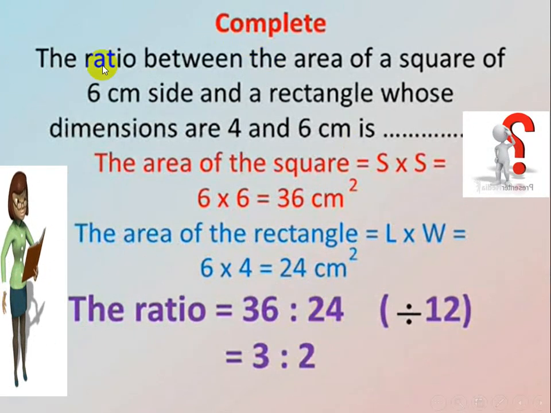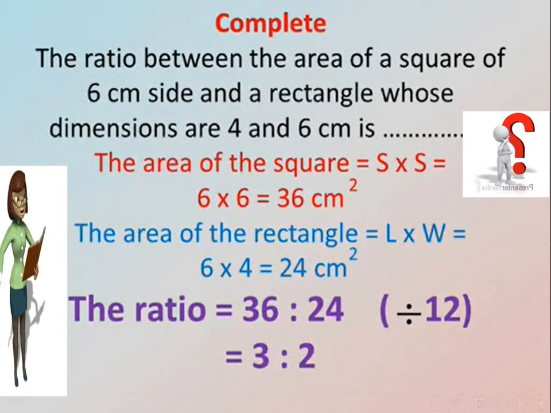Complete: the ratio between the area of a square of 6 cm side length and a rectangle whose dimensions are 4 and 6 centimeters is space. Observe, the ratio between the areas of the two shapes. The first shape is a square.